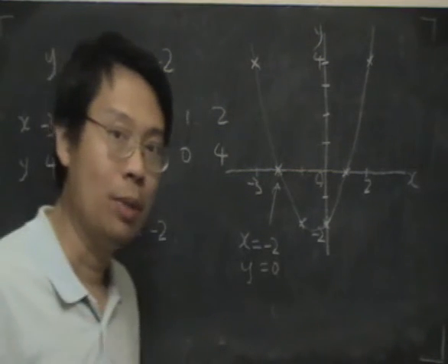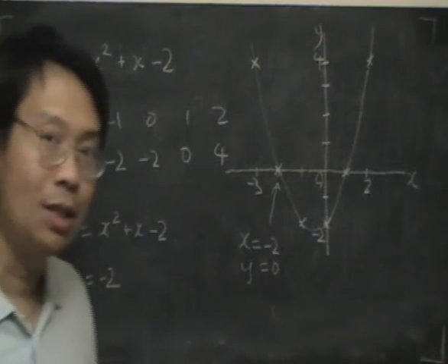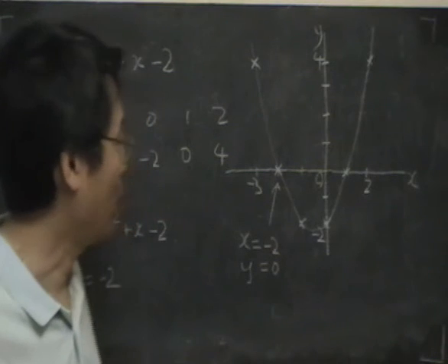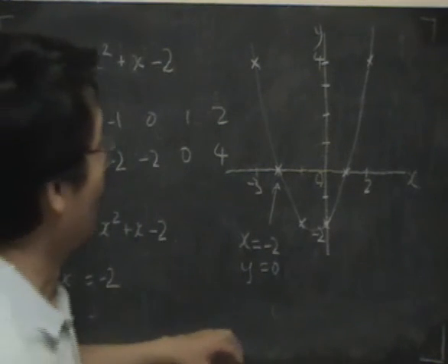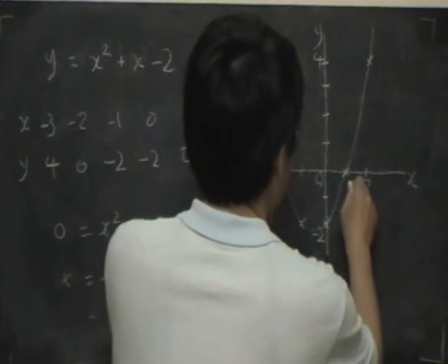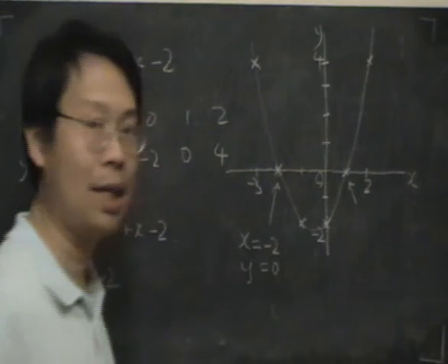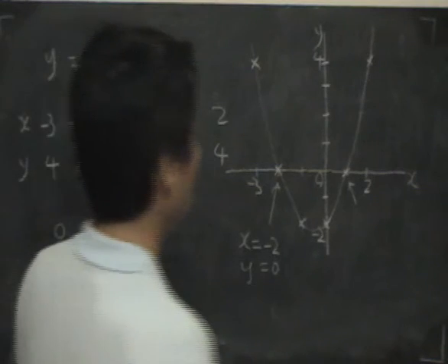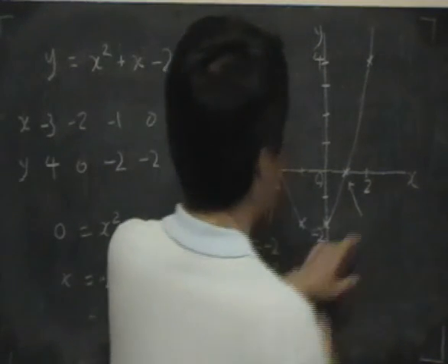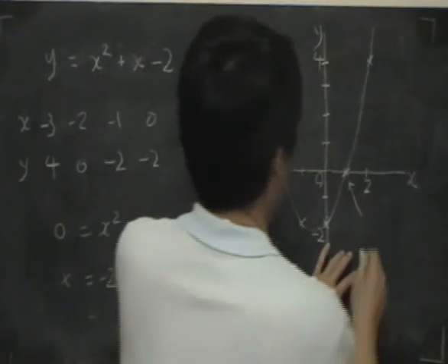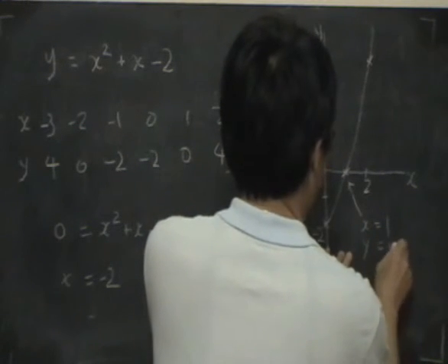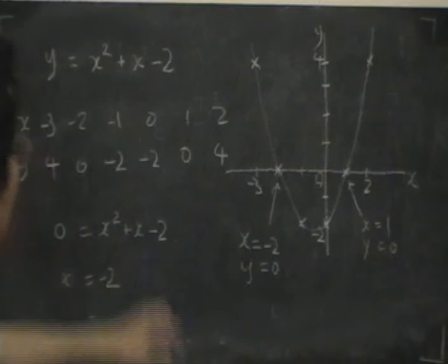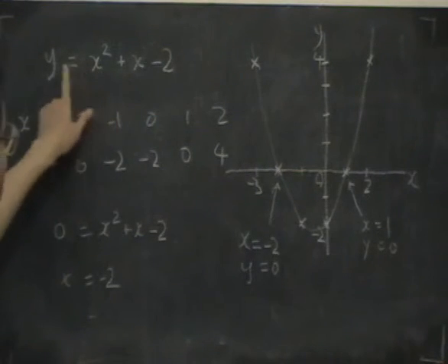Now you may have already noticed that there is another point where y is also 0, and that's that point. On that point, y is 0 and the x is 1. So this means that when x is 1 up there, the y is 0.